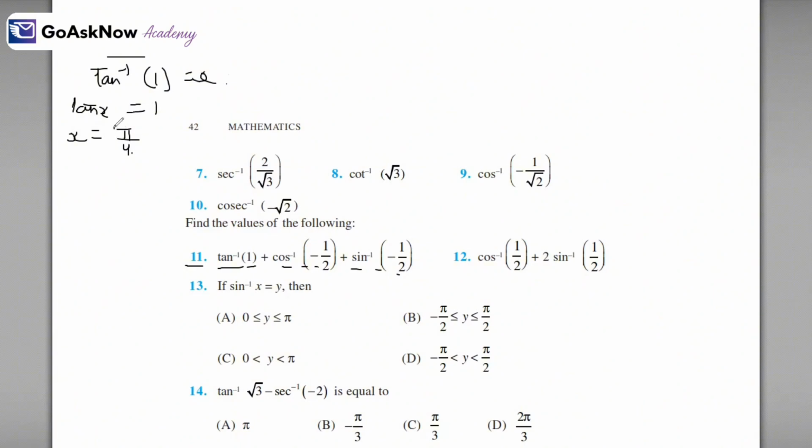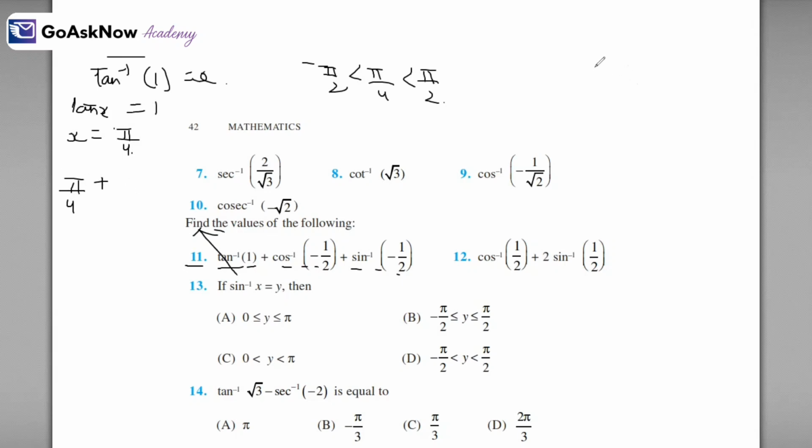Because pi by 4 is coming between minus pi by 2 to pi by 2, and this is the principal value of tan inverse. So for this part, you are getting pi by 4. I can write it like pi by 4 plus cos inverse minus 1 by 2.